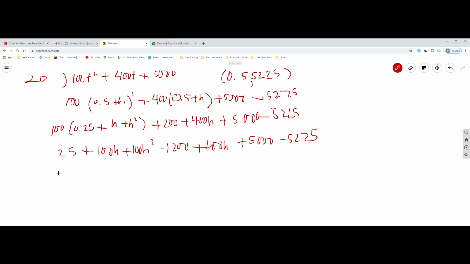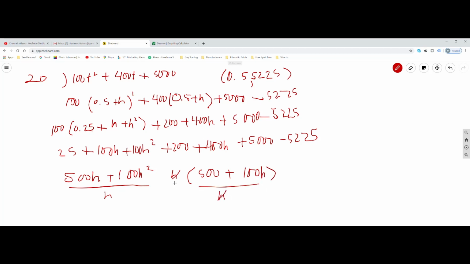Then you're left with 500h plus 100h squared over h, and you take out the h: 500 plus 100h. So when you substitute h as 0, you're left with 500. So that's 500 sheets per year.